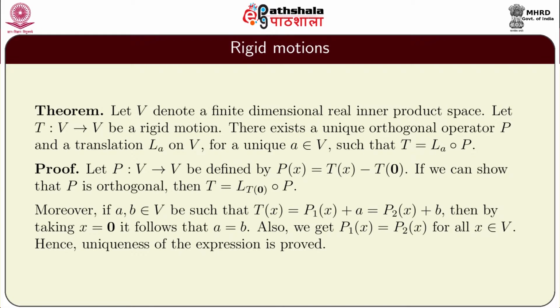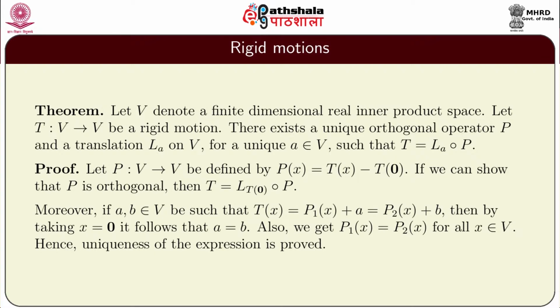Moreover, if A and B belong to V be such that Tx is equal to P1x plus A is equal to P2x plus B, then by taking x equal to the 0 vector, it follows that A is equal to B. Why is that so?